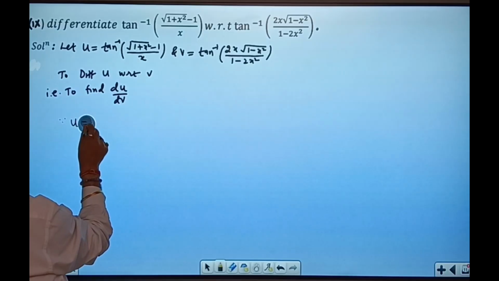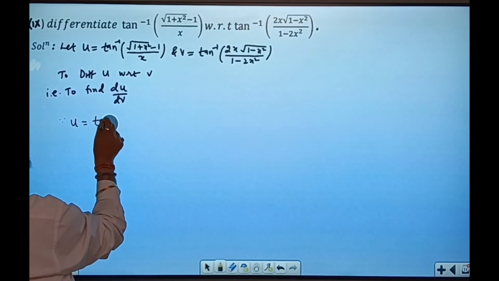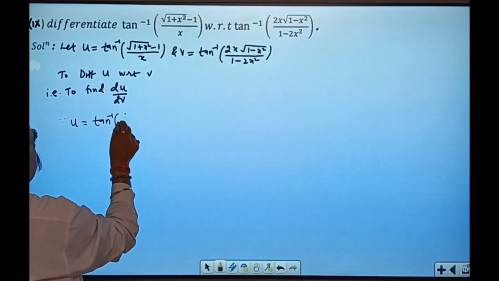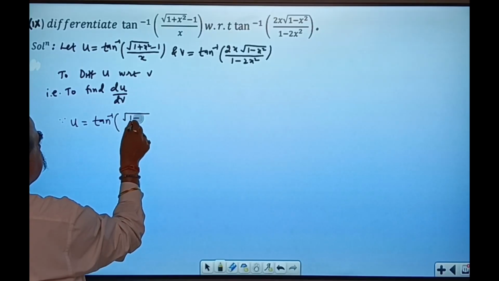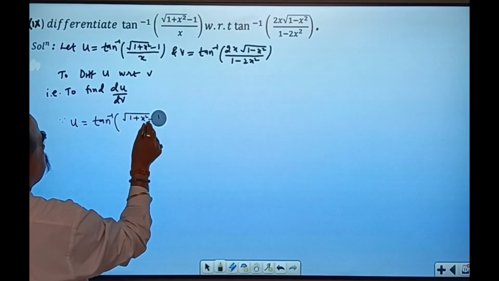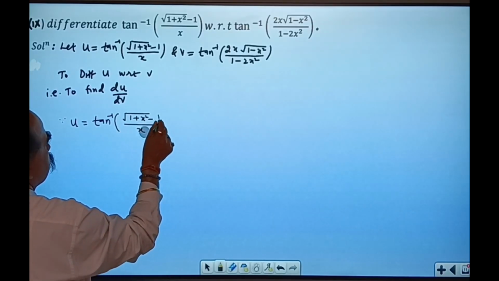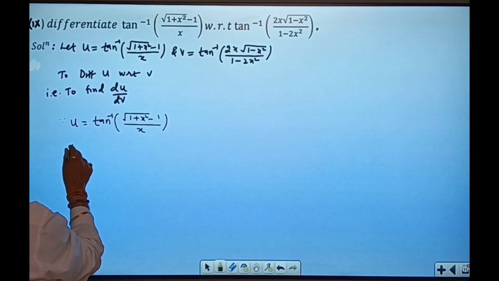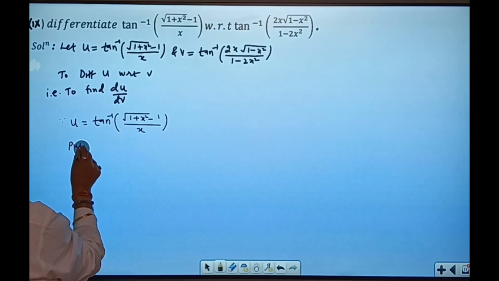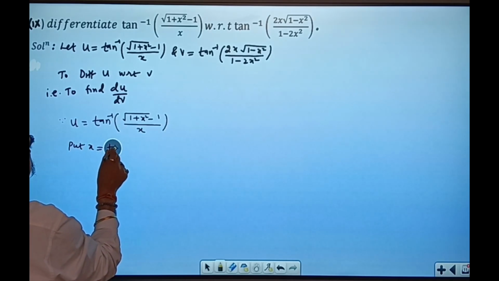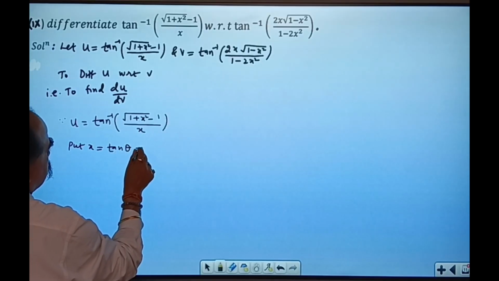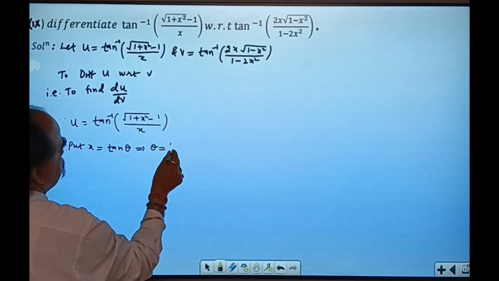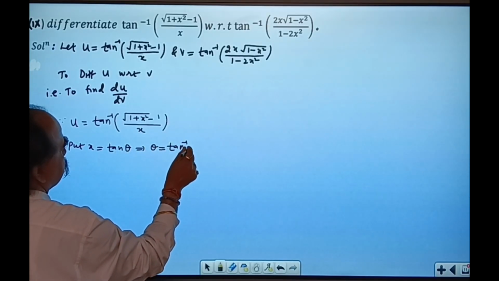Since u is what? Tan inverse root 1 plus x square minus 1 upon x. You can see expressions 1 plus x square. So put x is equal to tan theta. Theta is equal to tan inverse x.